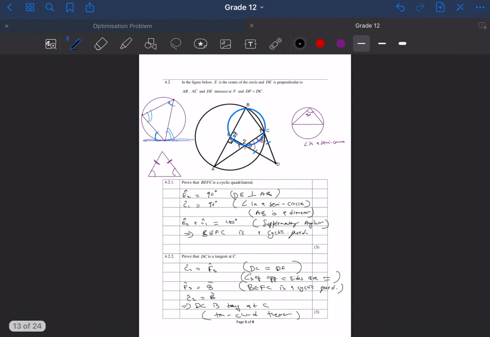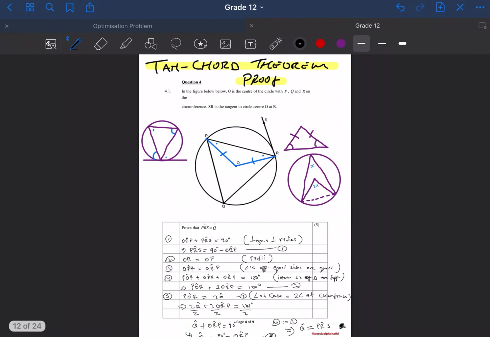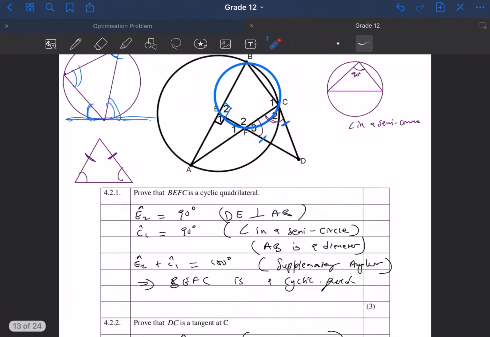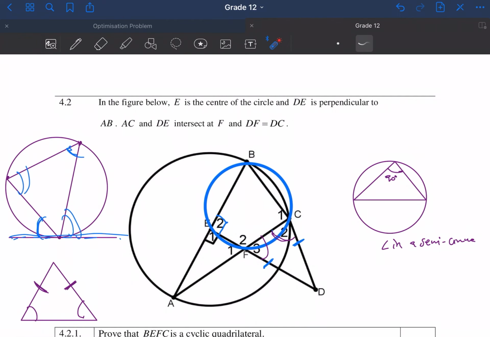If you don't know the tan chord theorem, please go back to my previous video on 4.1, where I proved the tan chord theorem to you. You can also pause this question and look through it and see how we prove it. Otherwise, this is the application of the tan chord theorem.